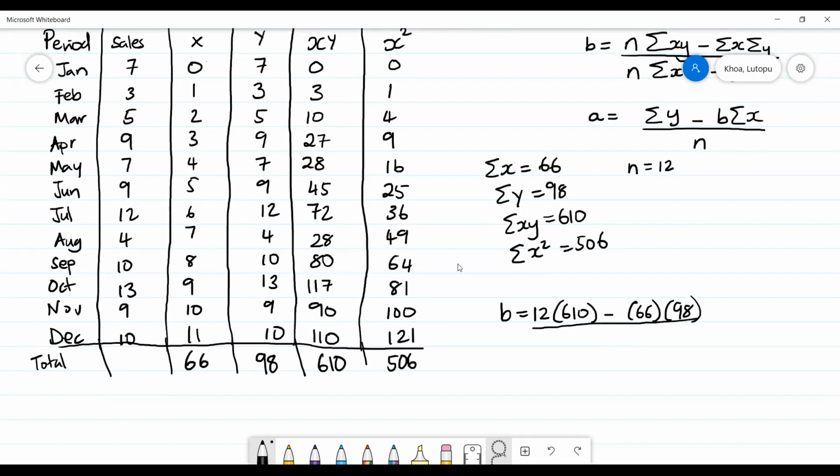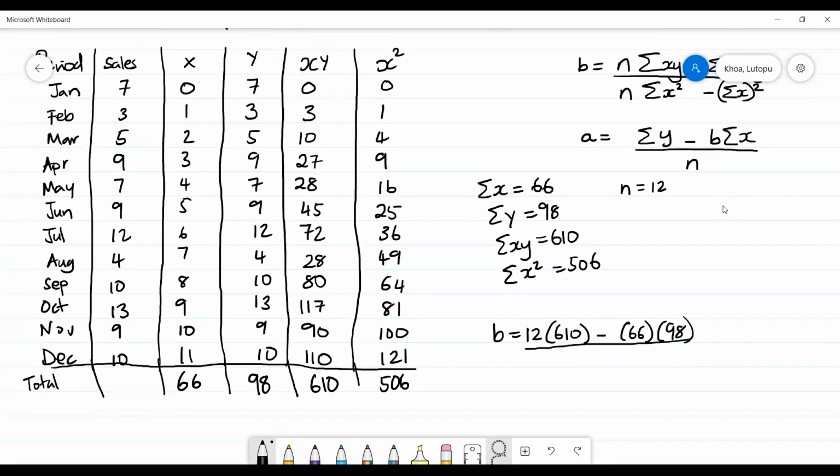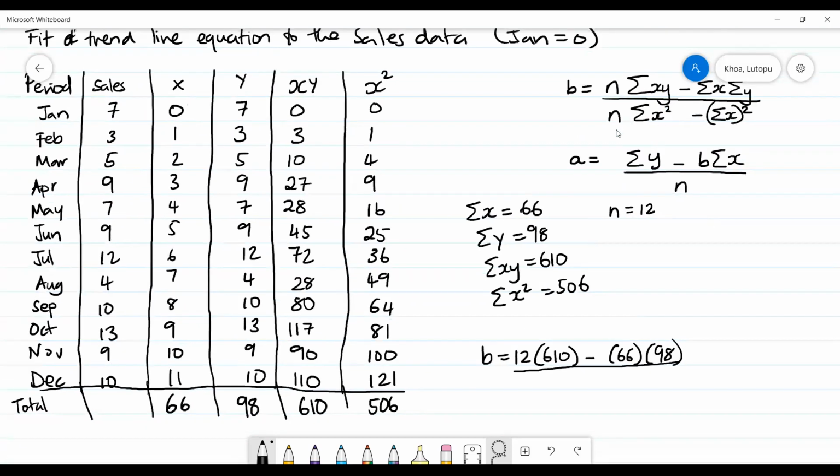This is divided by 12. So here's the formula. So it's n, which is 12, multiplied by x squared. This is 506, minus the sum of the x values squared. So it's this one, 66, and then you square it. So this, you just type in on your calculator exactly the way it is.